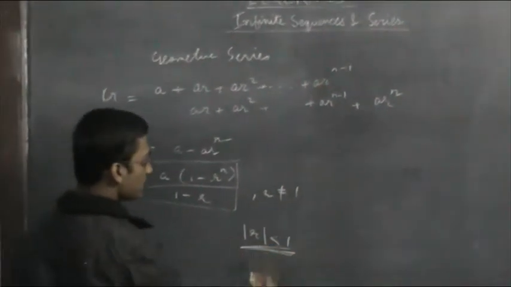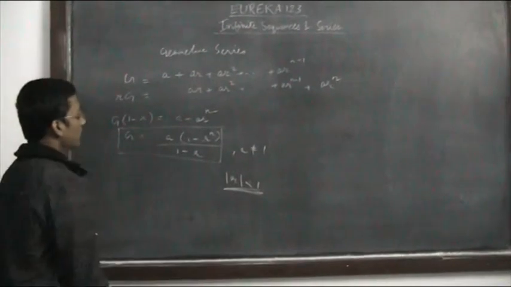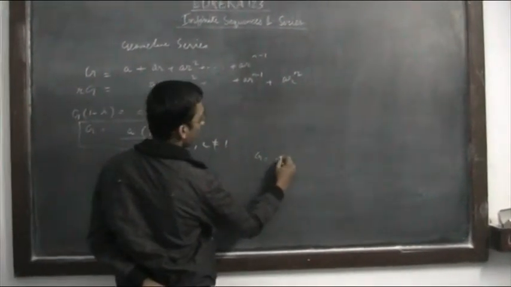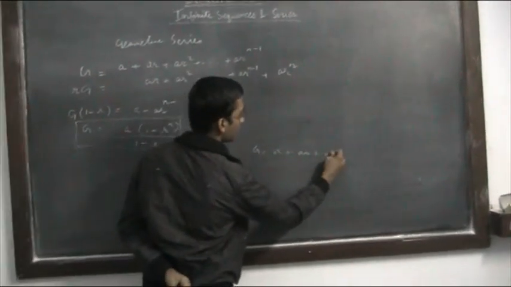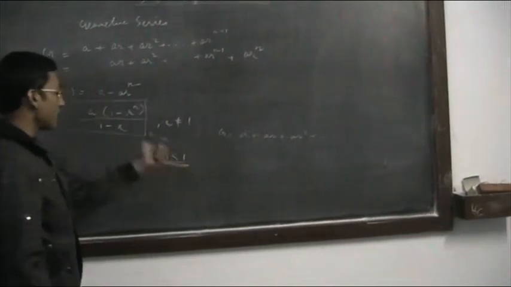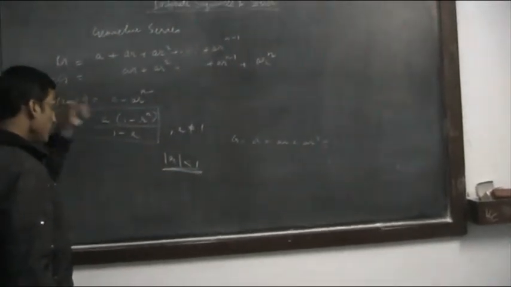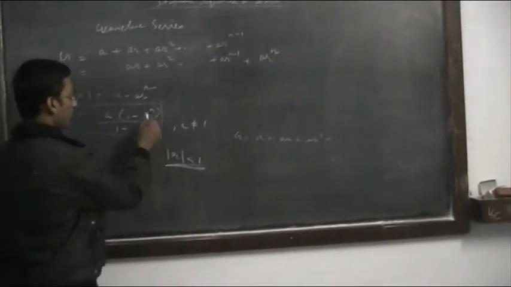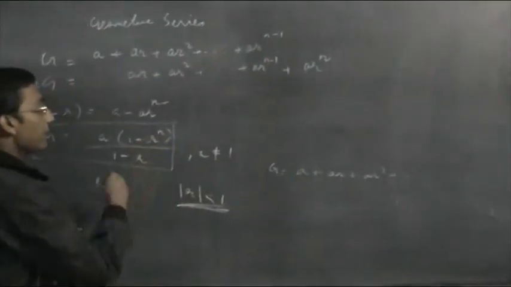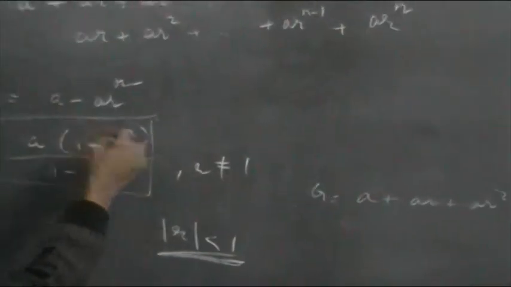If mod of R is less than 1 and we have an infinite geometric series like A, AR, AR square and so on till infinity, then if you look at this, R is a fraction, and a fraction multiplied by a fraction many times tends to 0.